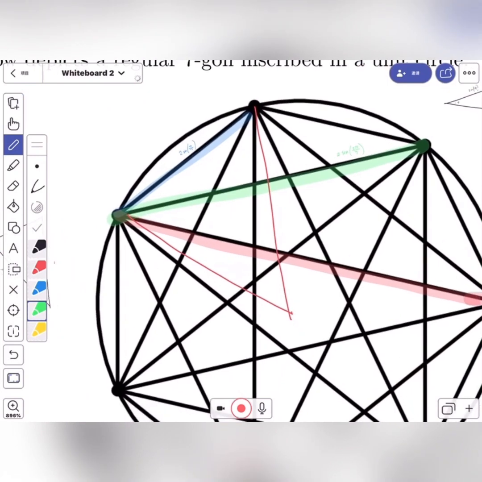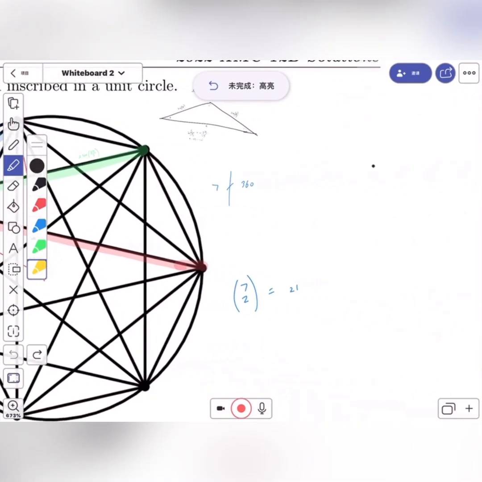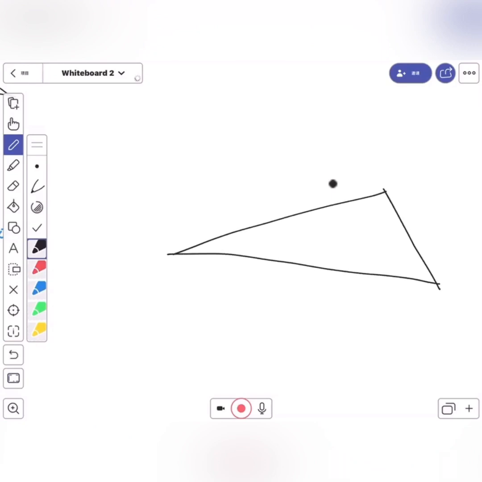Okay, finally, the red length. Well, how are we gonna solve that, since it seems like we cannot have anything good with these? Now we're gonna look at this triangle. Let's just draw another one outside this triangle.